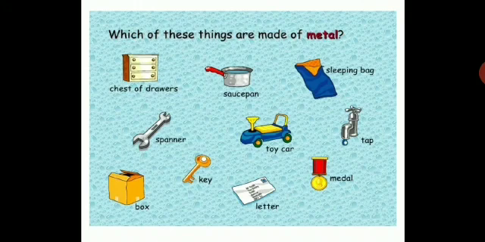Okay, so here, which of these are made of metal? Saucepan, tap, medal, key, and spanner. You can make out similar objects made of the same materials easily, because now you understand the types of material you get and the objects you can make out of them.